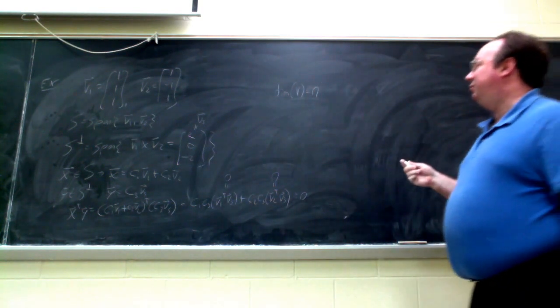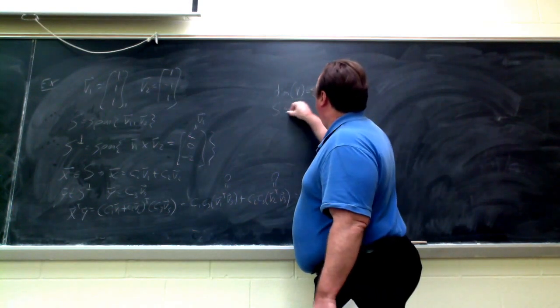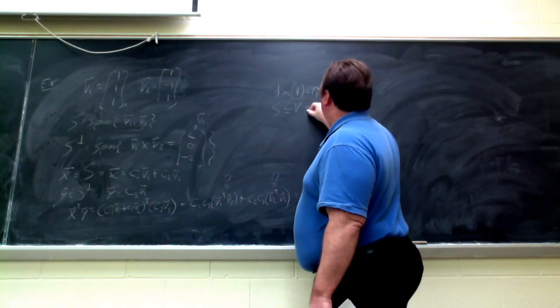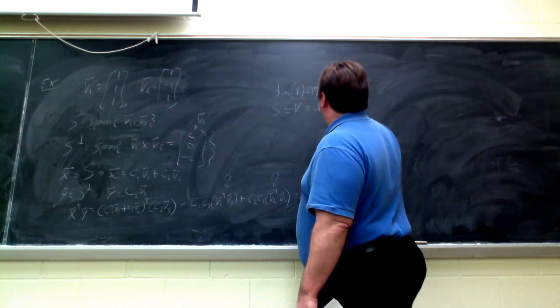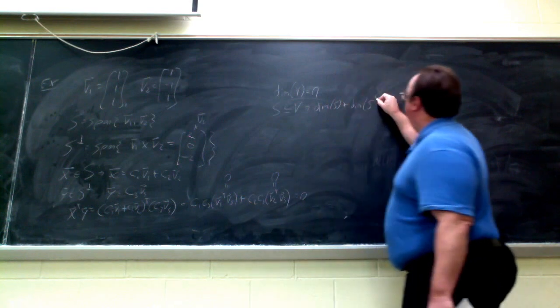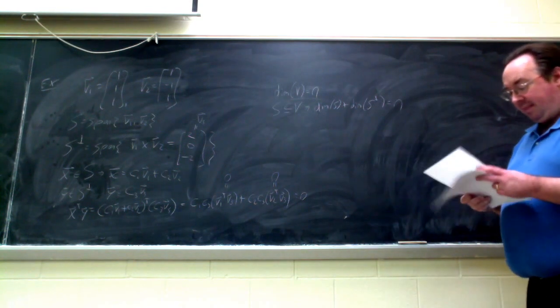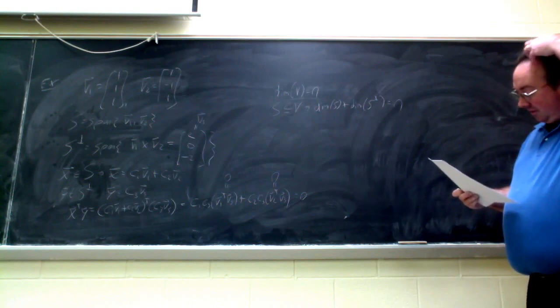Given a vector space V of dimension n, and S is a subspace of V, that means that the dimension of S plus the dimension of S perp will always equal n.